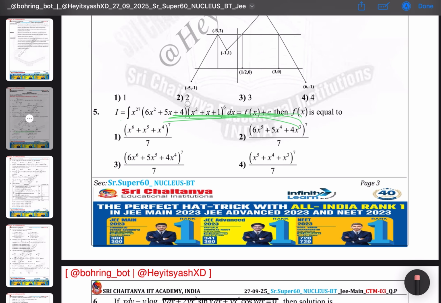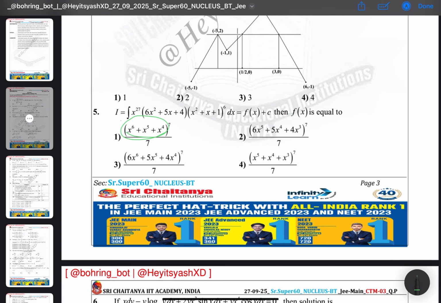You have a quadratic expression here and again a quadratic expression raised to the power 6. If you observe the options, it is x to the power 6, x to the power 5 plus x to the power 4.